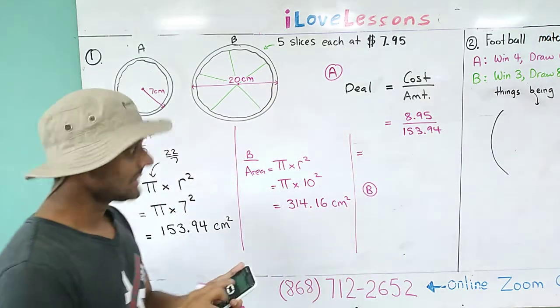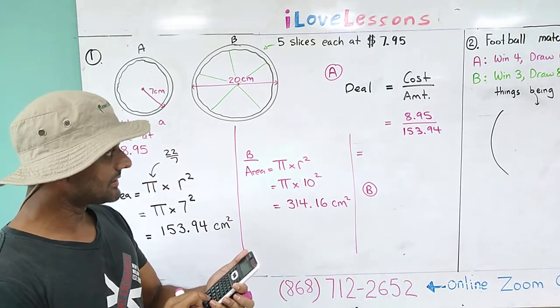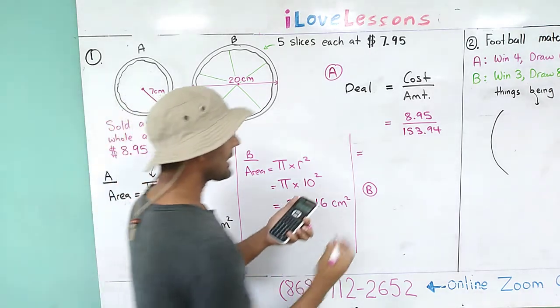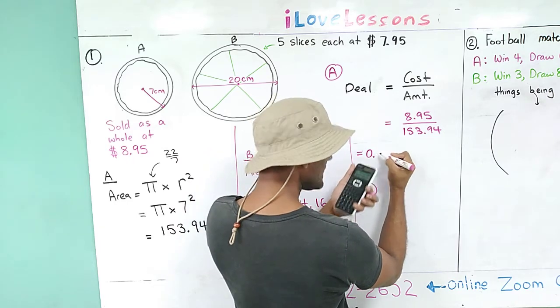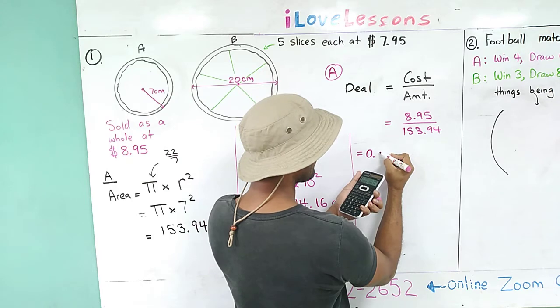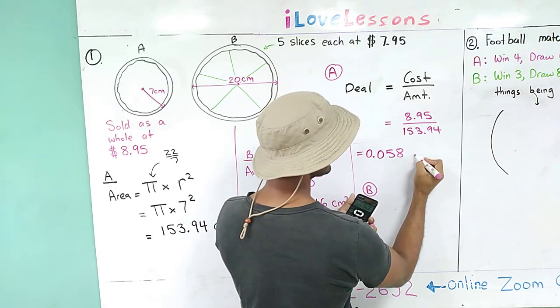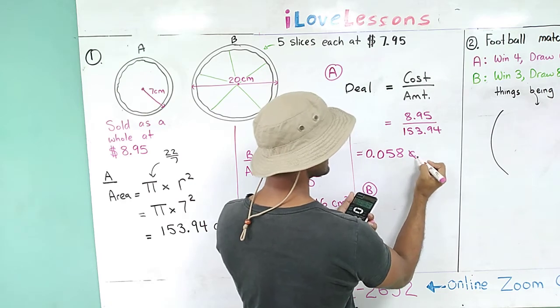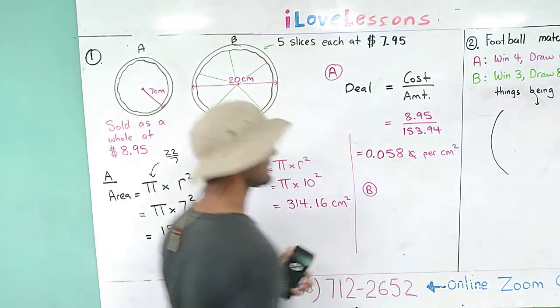When we divide this, 8.95 divided by 153.94, you will get a very small number, but I'll explain how to interpret it. 0.058, and this answer will be in cents per centimeter squared.